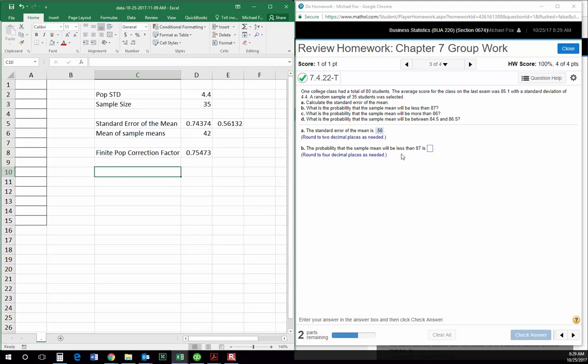So if we have a sample mean less than 87, our z-score equals our sample mean minus the mean of the sample means divided by the standard error of the mean. To calculate our z-score, this equals our bar x, which in this case is 87, minus the mean of the sample means. Again, remember, if we have at least 35 in the sample, then our mean of the sample means is going to be the same as the population mean.